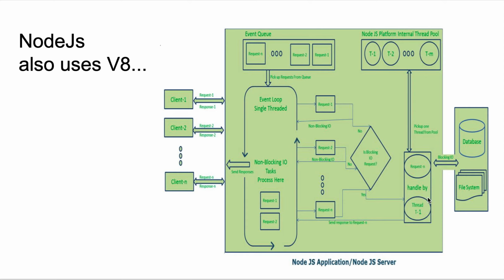They come back and are pushed into the callback queue, which is not shown here clearly. Then the event loop pushes them back to the call stack and they get executed. So it's pretty interesting, right?